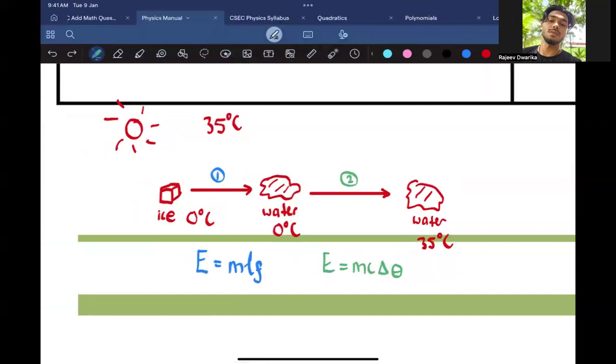Before you copy down the diagram, this is the heading I want you to put: Ice melting in the sun.